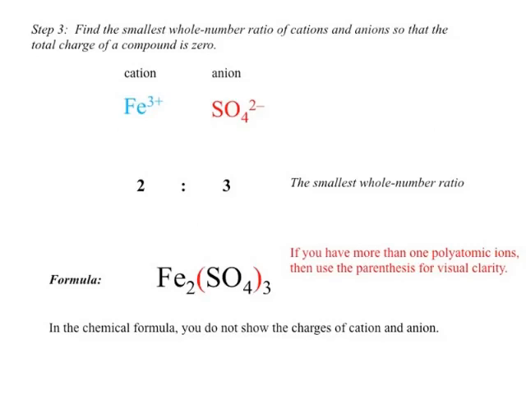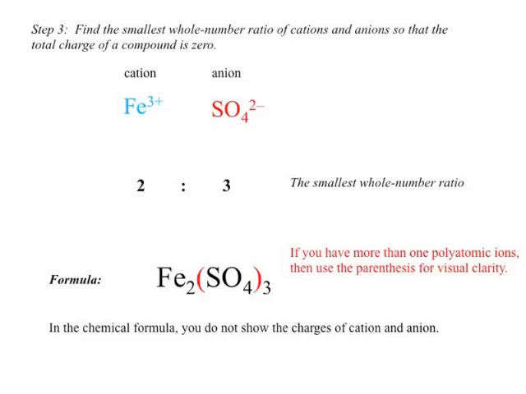The iron 3 plus ion loses 3 electrons. Sulfate gains 2 electrons. Again, the number of electrons lost and gained are not the same. You need to make them the same. So you need 2 iron 3 plus cations and 3 sulfate 2 minus anions. Then the number of electrons gained and lost is equal to 6.